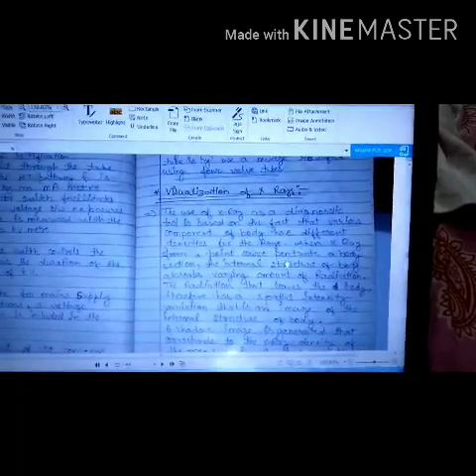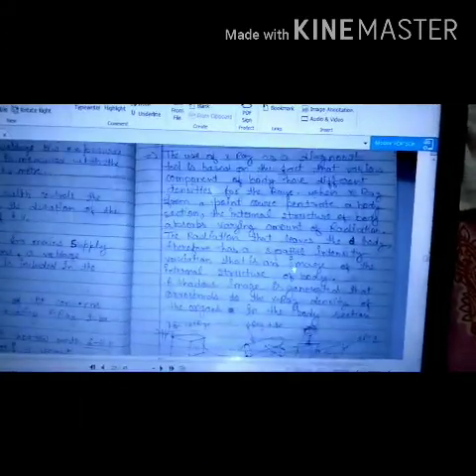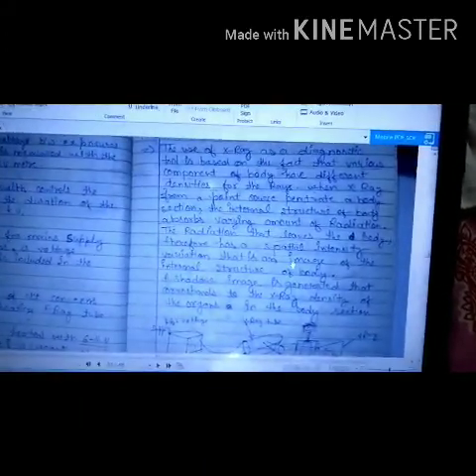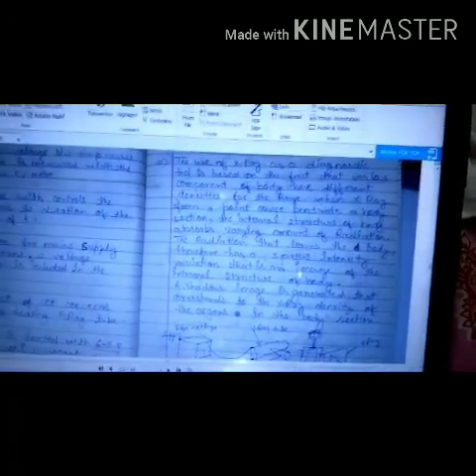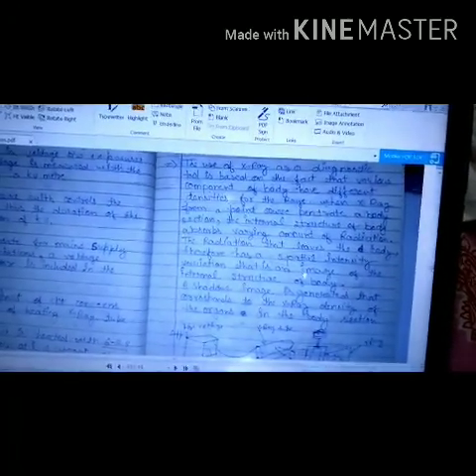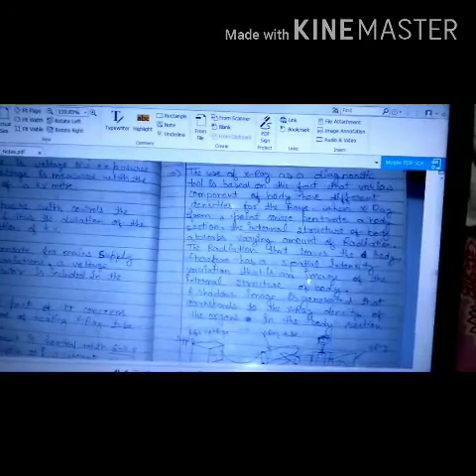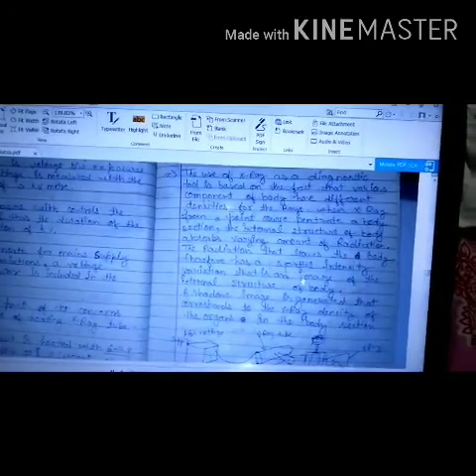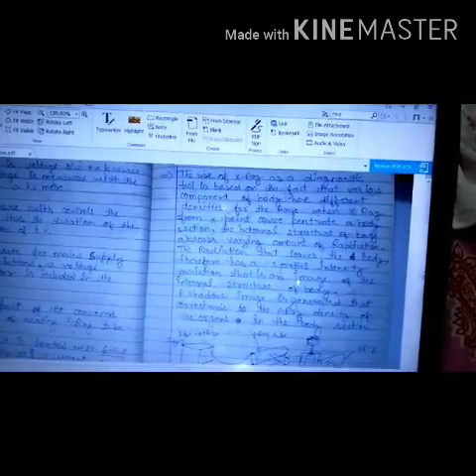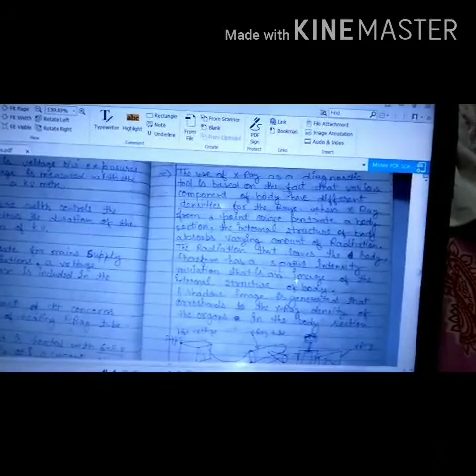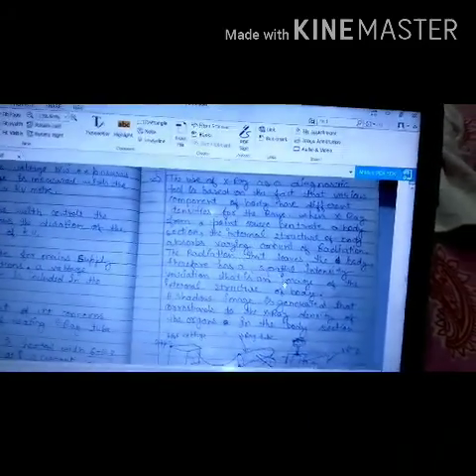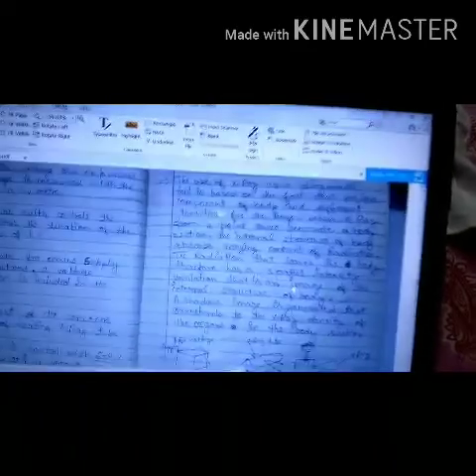A shadow image is generated that corresponds to the X-ray density of the organs in the body, and therefore a shadow type image is generated on the particular material used for imaging, and it corresponds to the density of different parts of our body, and these can thus be visualized in such a way.